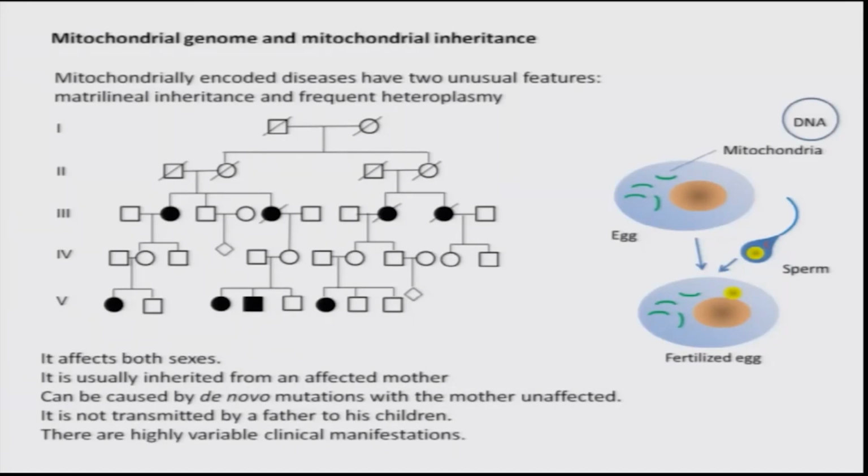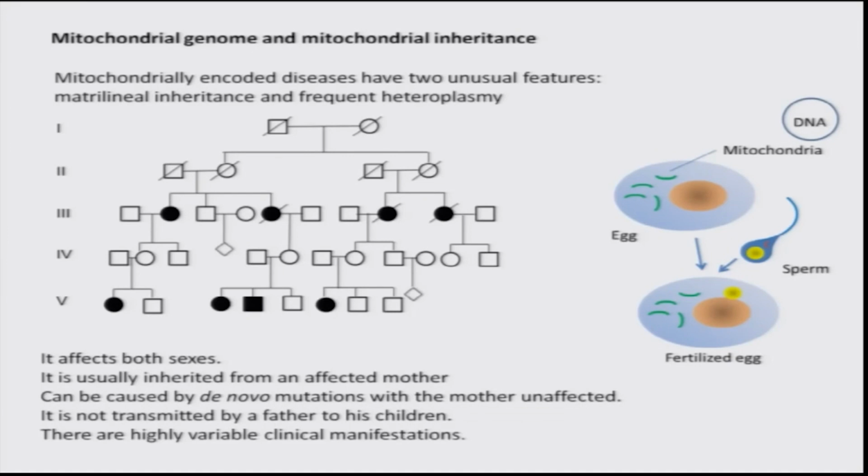The mother is a carrier, or she is showing the symptoms of the particular disorder. It can be caused by a de novo mutation, meaning the mutation could have come in the egg itself. For example, the egg somehow had a mitochondrion with some defect, and therefore that embryo developed. This is called de novo, meaning a new mutation coming in the germ cells, right.